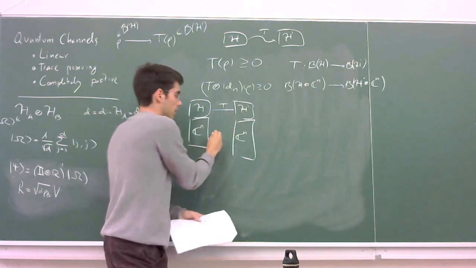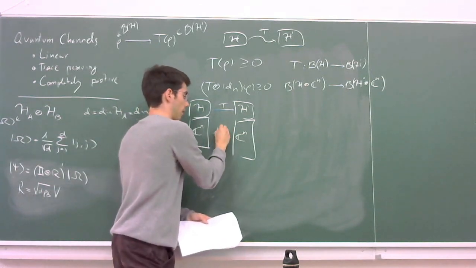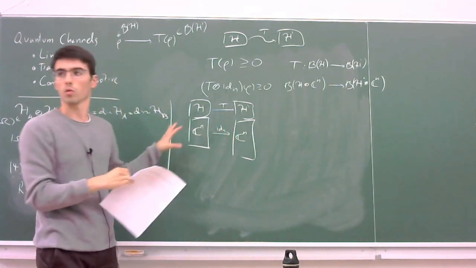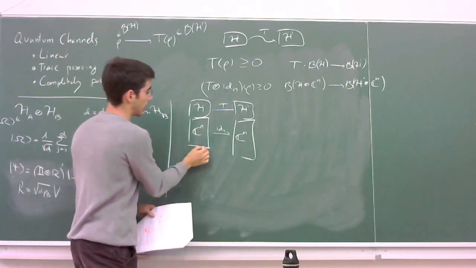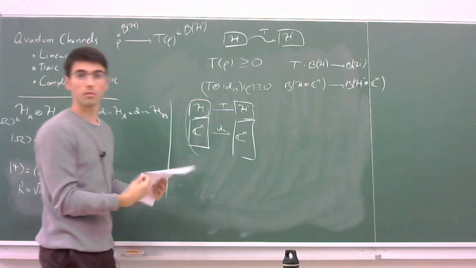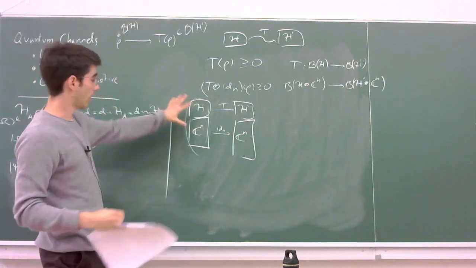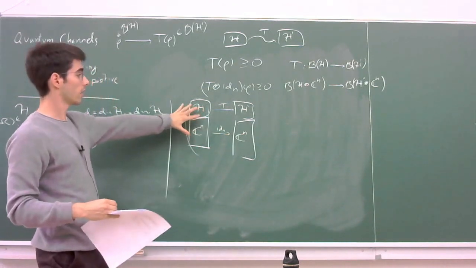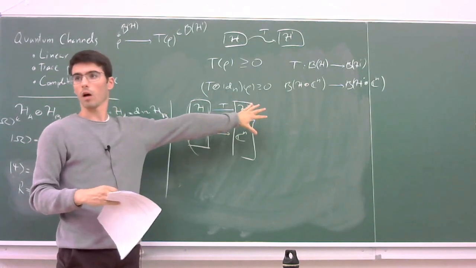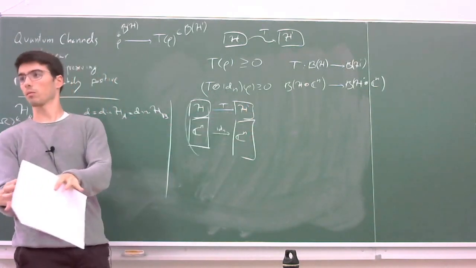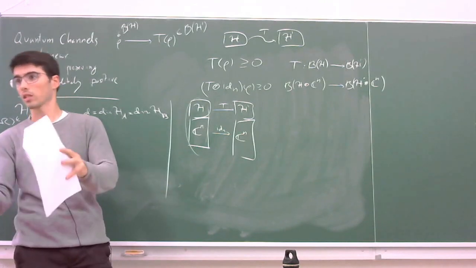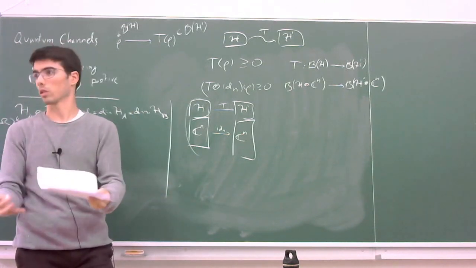And this other system evolves with the identity because you do nothing here, okay? Now, any operator that you take in this joint system, the image of any operator that you take there should also be positive out there, okay? So if you consider you append a system where you do nothing, then the channel must still be positive.